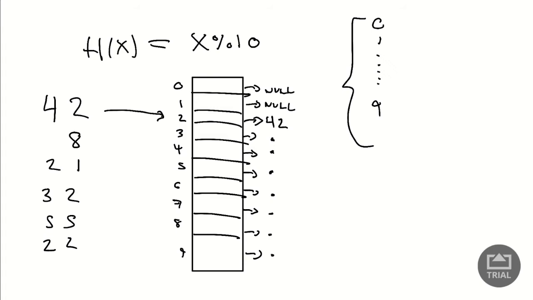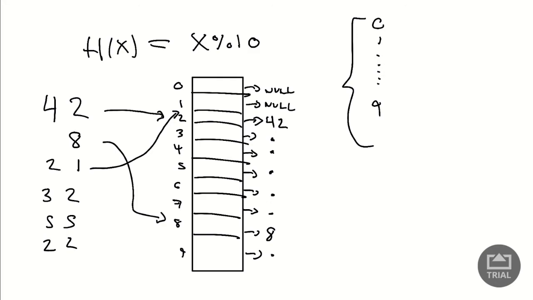Now we're going to feed it 8, and it's going to go there. Oops, sorry, I meant out here. Now 21. 21 hashes to 1. There we have our collision.